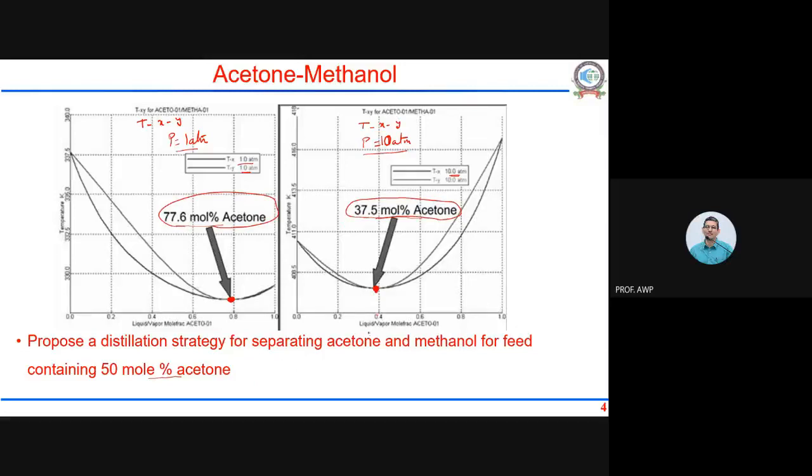Can you draw a column, or a sequence of columns, and separate them into pure acetone and pure methanol, starting with a feed containing 50 mole percent acetone? Have you understood the question? Yes, sir. I'll give you 5 minutes to draw.